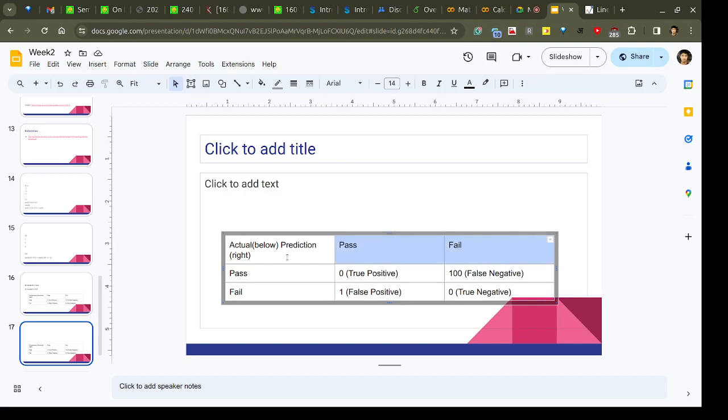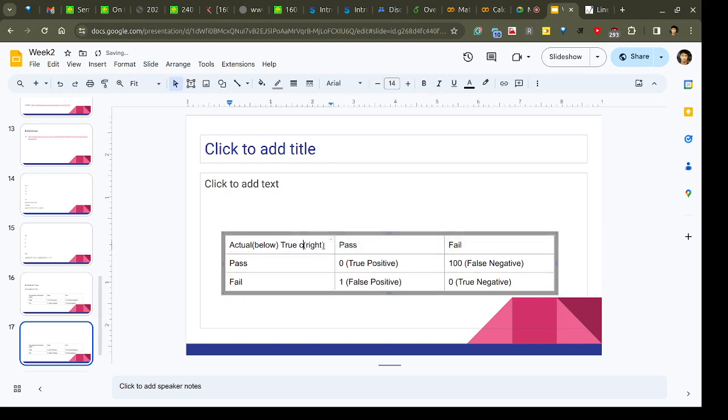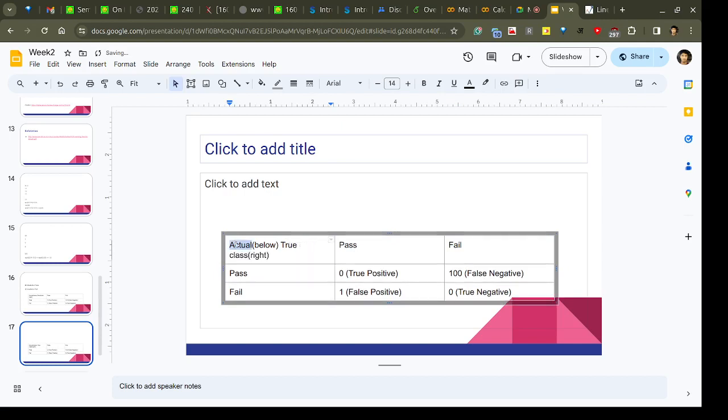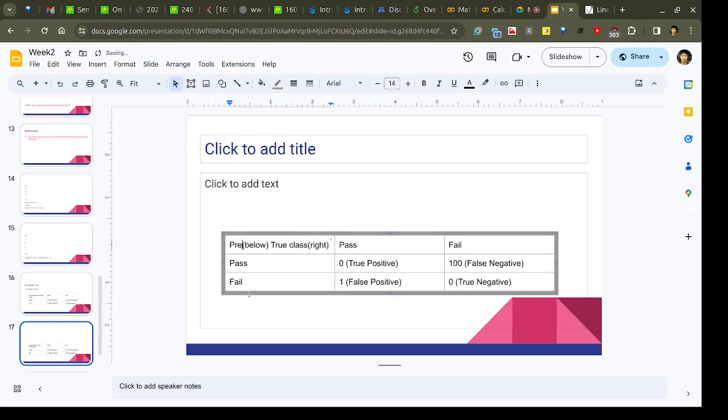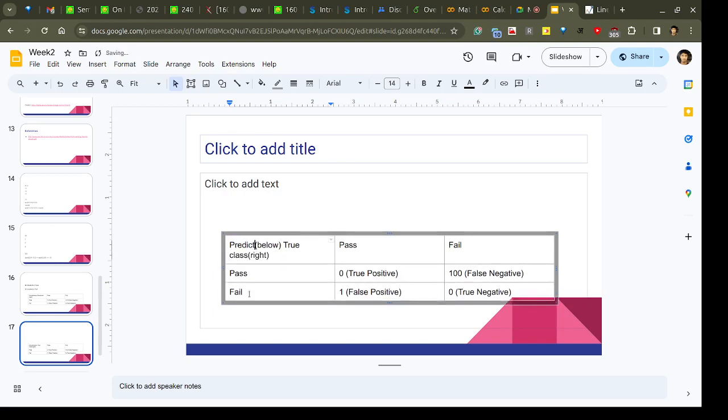It is row, right? So this right side is true, and actual is row, column is prediction. Okay, so in that case it will be false positive. Yes, sir. This one is false negative. Yes, got it.